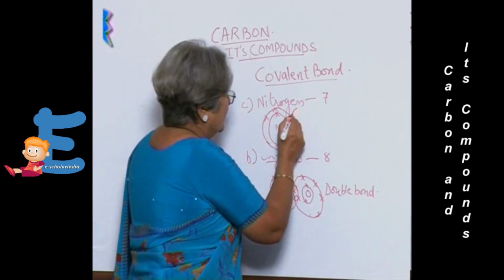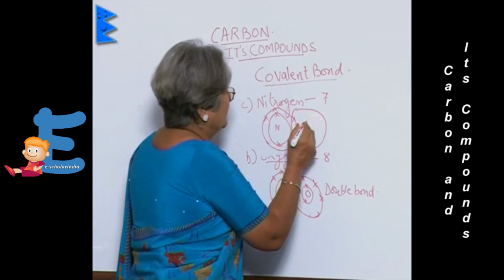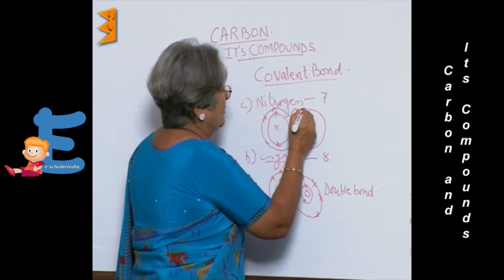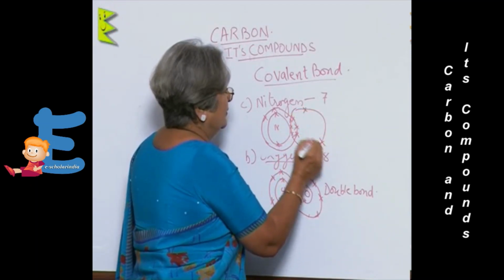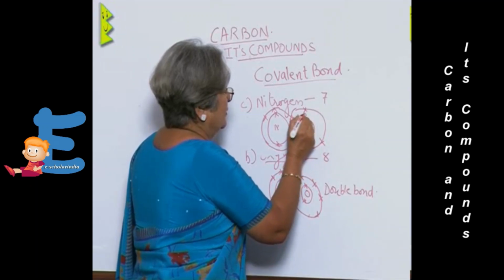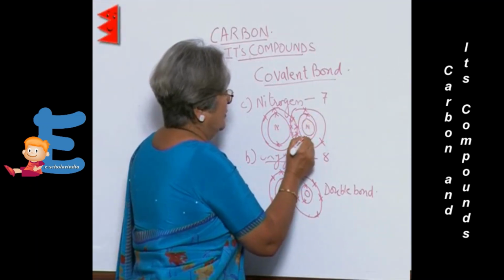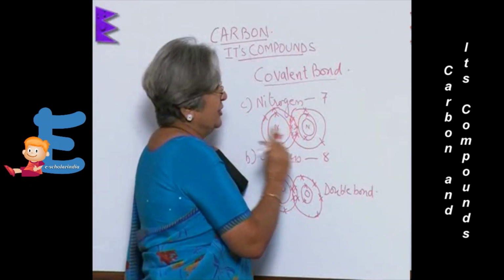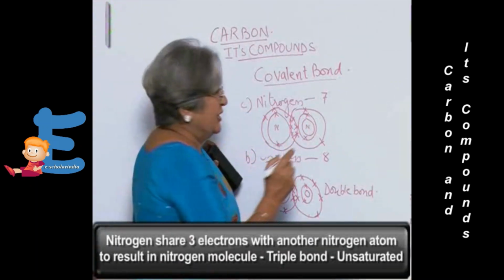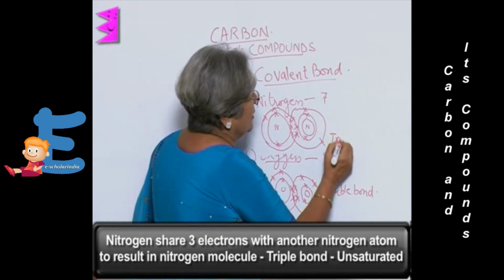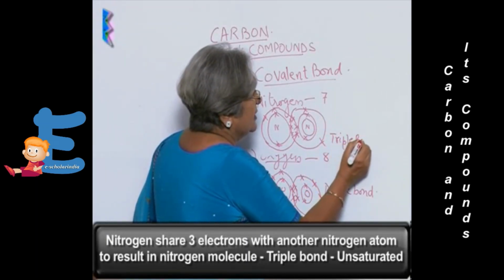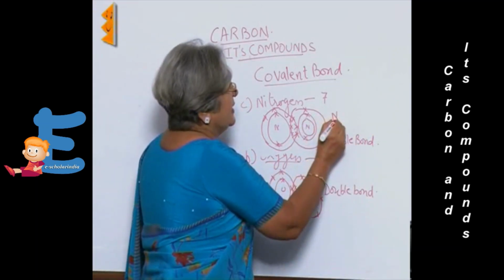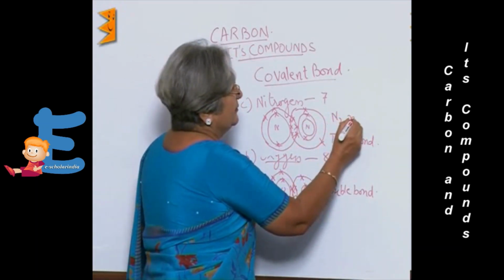So another nitrogen atom. So 2 are free, but 3 are being shared. So when 3 electrons are shared, it is called triple bond. This is also unsaturated, and the resultant is nitrogen molecule.